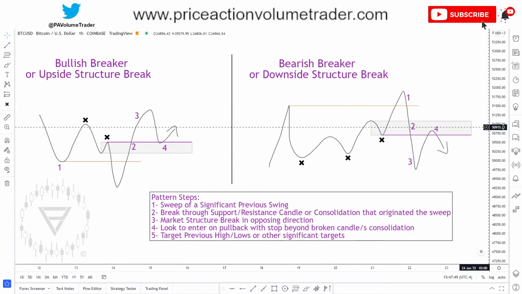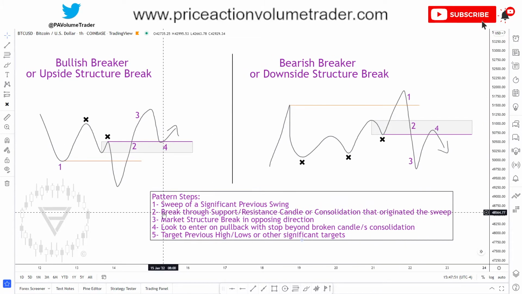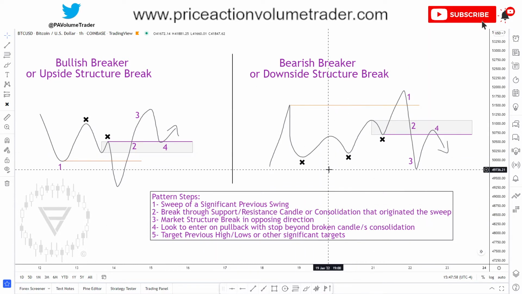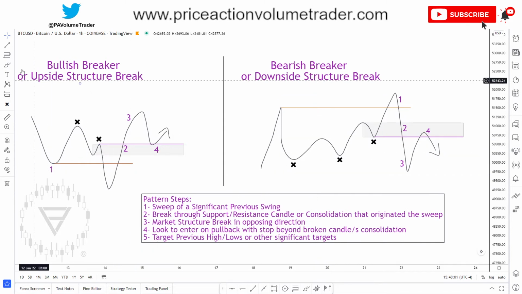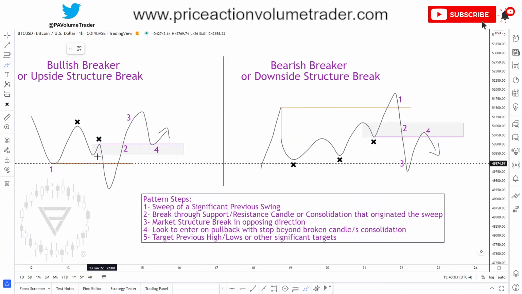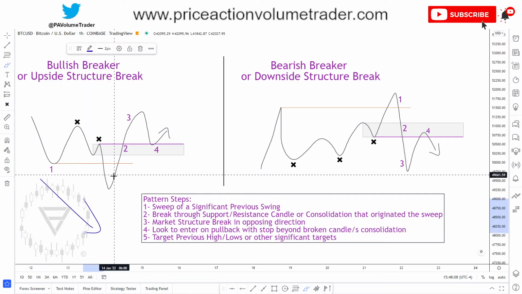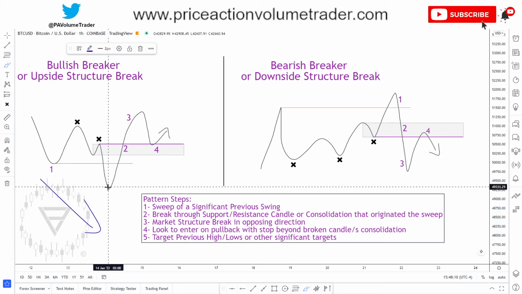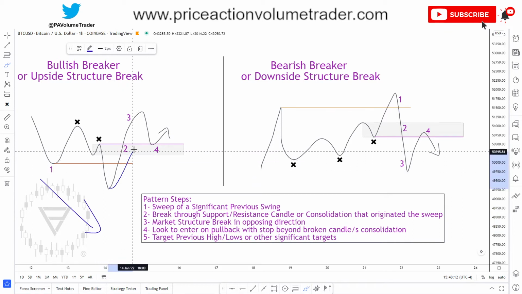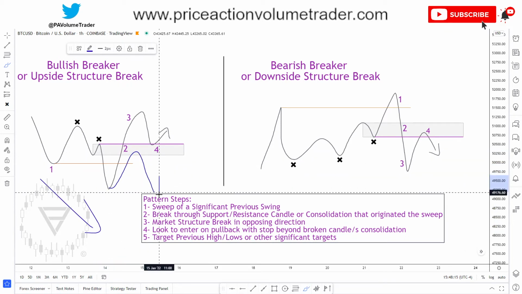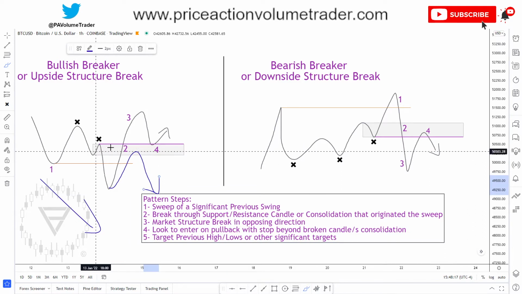Okay, then the second step on the pattern is we break through the support or resistance candles or consolidation that originated the sweep. So what we would do is, if this was just going to continue the downtrend behavior, that means price would come back and it would just come into this and reject. This is basically a supply zone, a resistance area, a bearish order block.